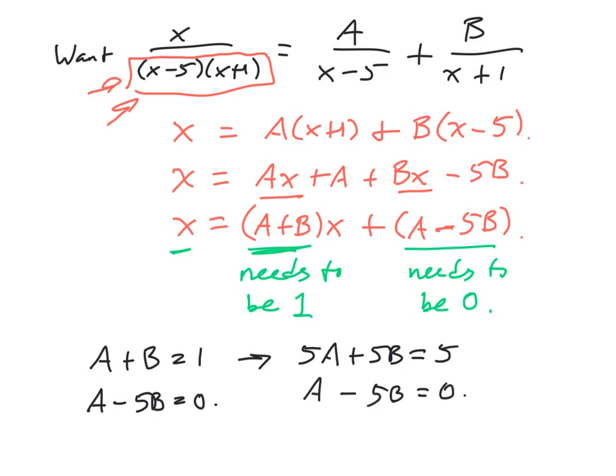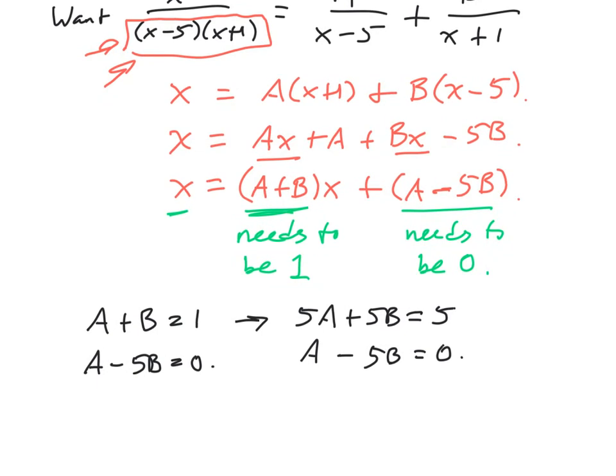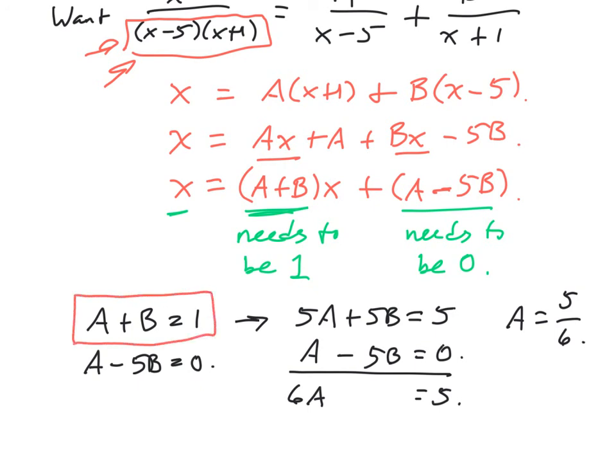And then adding those two equations together gives me 6a equals 5. So that tells me that a is going to need to be 5/6. And then returning to this equation here, I think will tell me that b needs to be 1/6. That's what remains to make 1. So I think it is true.